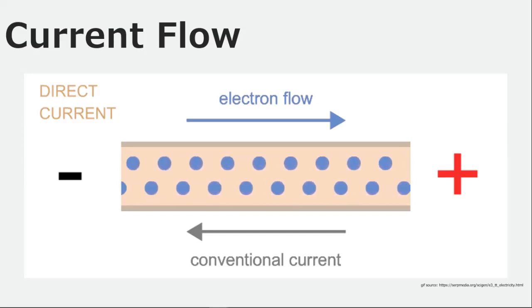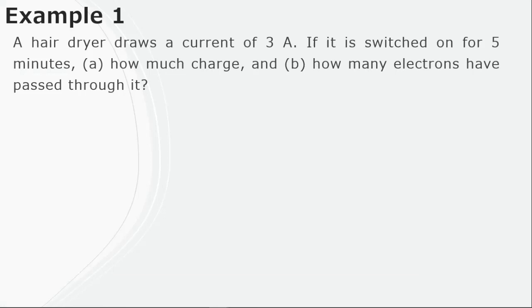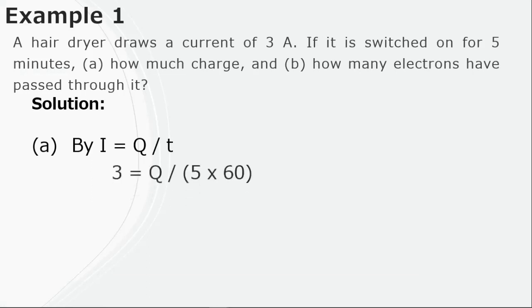Let's have an example. A hair dryer draws a current of 3 amperes. If it is switched on for 5 minutes, how much charge and how many electrons have passed through it? For our solution, we have electric current, which is equal to the charge divided by the time. Our electric current is equal to 3 amperes, and we are looking for the amount of charge, and the time it takes for this electric current to be used is 5 minutes.